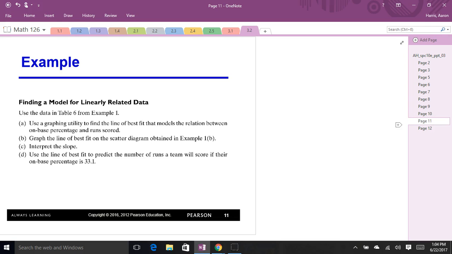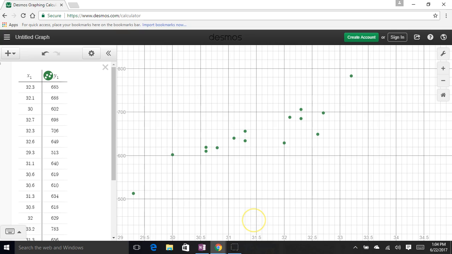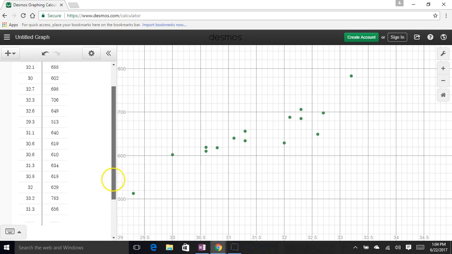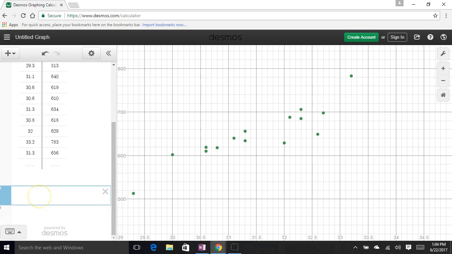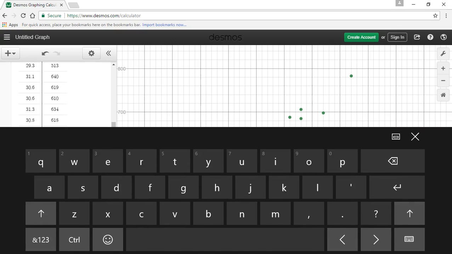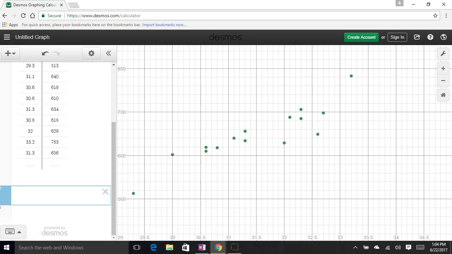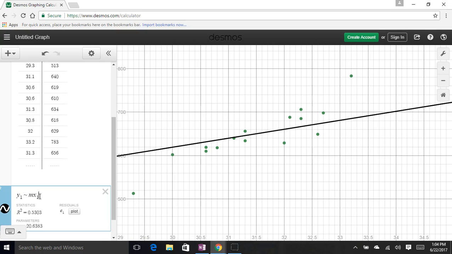So what we're going to do is go back to desmos.com, and after you've input your data, you just go down here and enter Y1, I'm sorry, you have to use your Y1 data, approximately mx1 plus b, with the little approximation symbol.